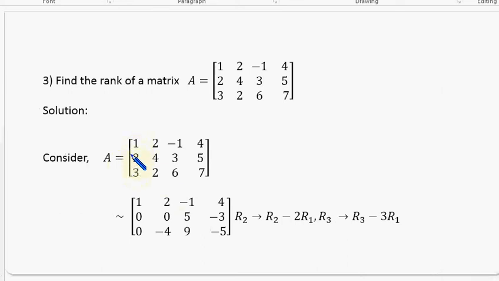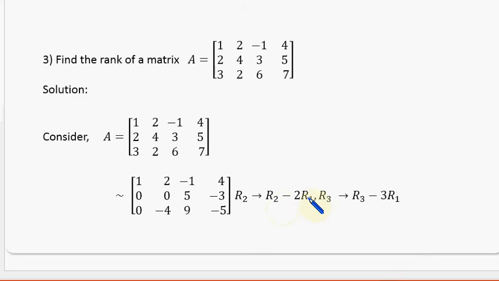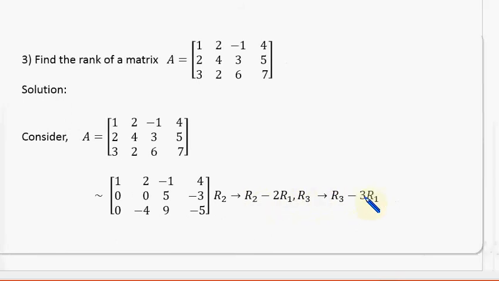So we can easily make them 0: R2 can be written as R2 minus 2 R1, and R3 as R3 minus 3 R1.